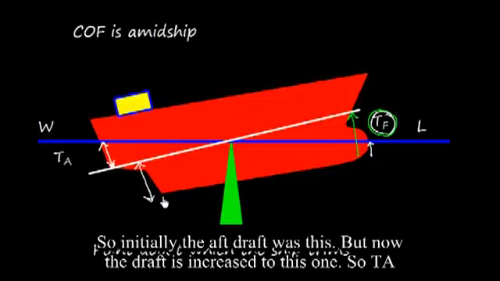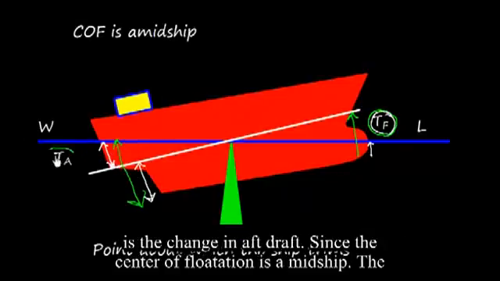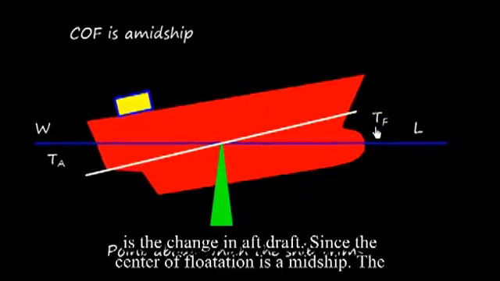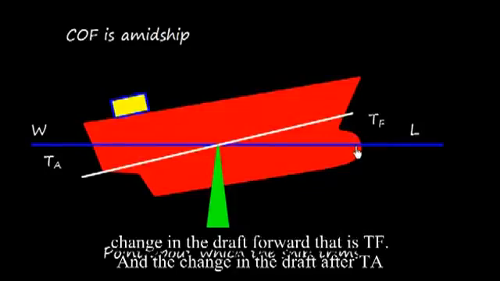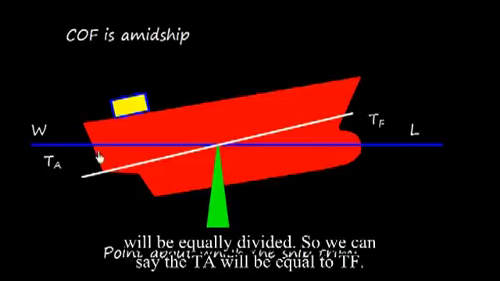Initially the aft draft was this, but now the draft is increased to this one. So TA is the change in aft draft. Since the center of flotation is amidship, the change in the draft forward, TF, and the change in the draft aft, TA, will be equally divided. So we can say that TA will be equal to TF.